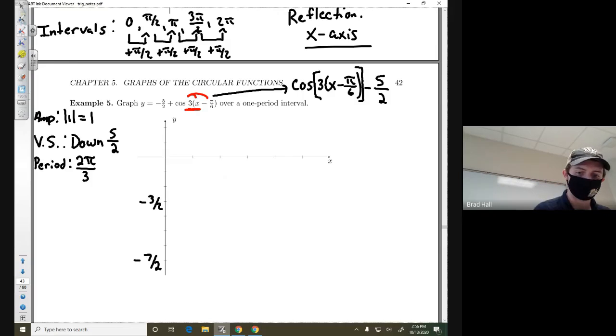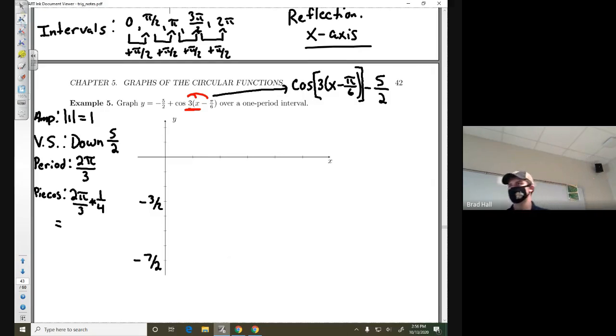Okay, so let's move on to the pieces. So you take the period, multiply that by 1/4. Pi/6.